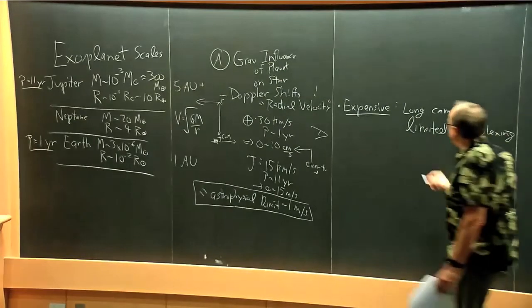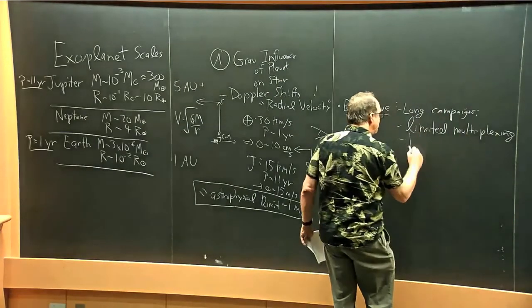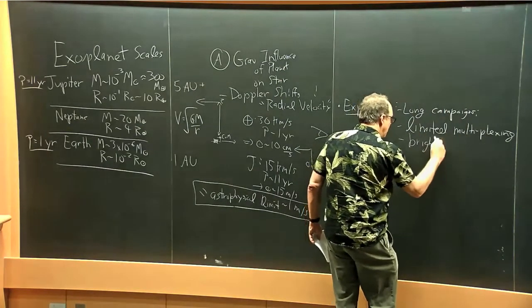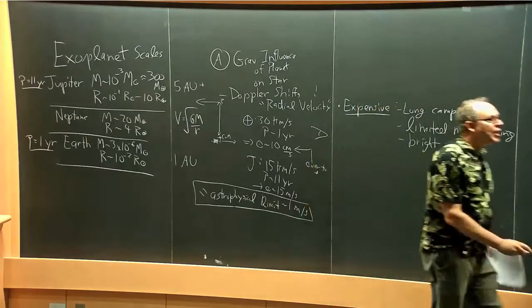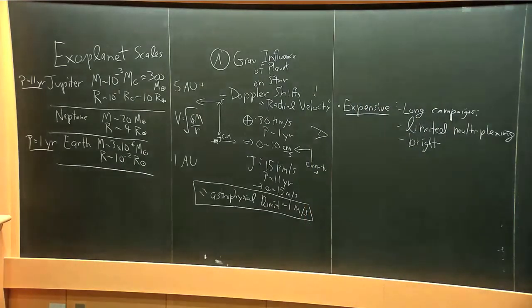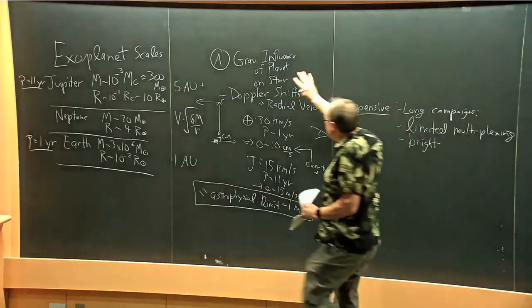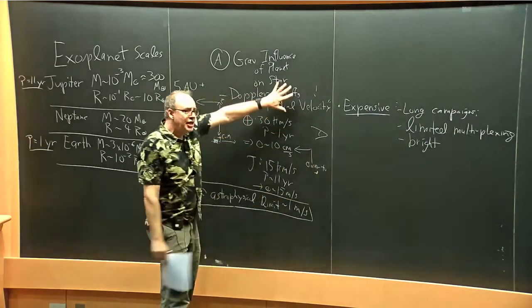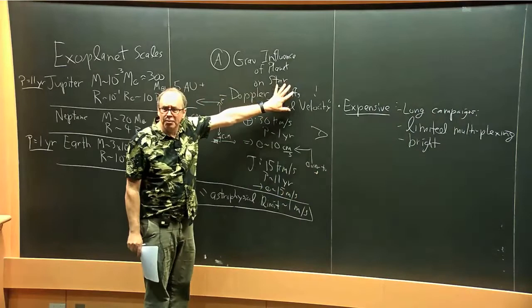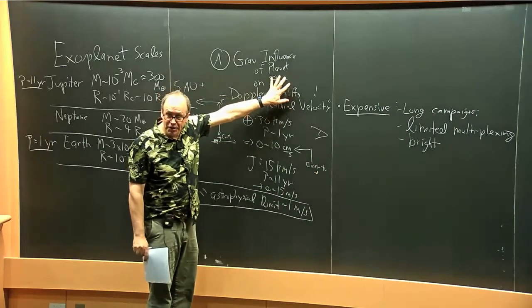These things have to be relatively bright, because the ability to make extremely precise measurements requires you to do some fairly elaborate technical challenges. And so with all of these things in mind, this is the characteristic set of limitations we have. But nonetheless, we found an enormous number of planets around other stars using this particular technique.